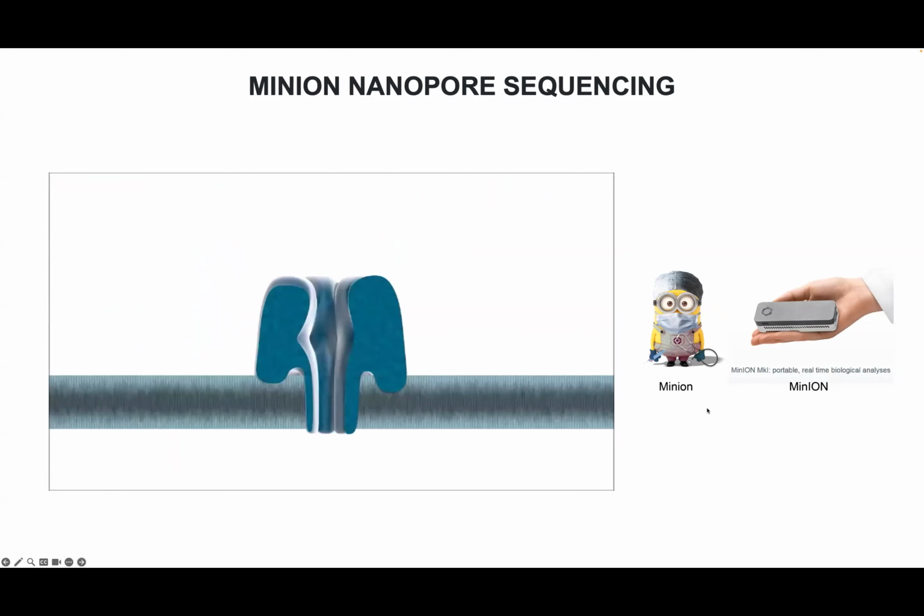So the pore is again free for the next DNA. The devices developed by Oxford Nanopore are called MinION. It's not the minion here, but it has a similar size, I would say. So it's called MinION.